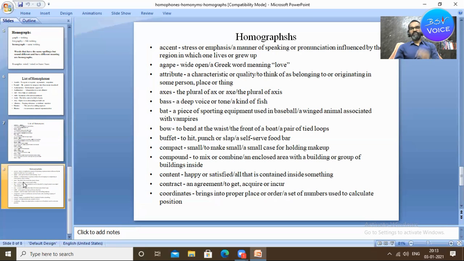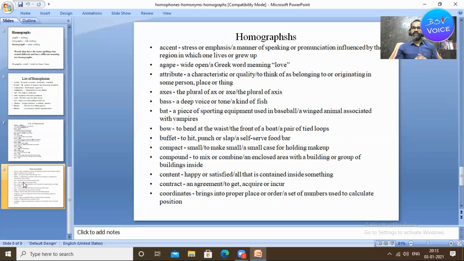Whatever you think in your mind, you speak out, so think in English and think of different words, especially compare what is a homonym, what is a homophone, what is a homograph. Still people get confused. What does homonym mean?